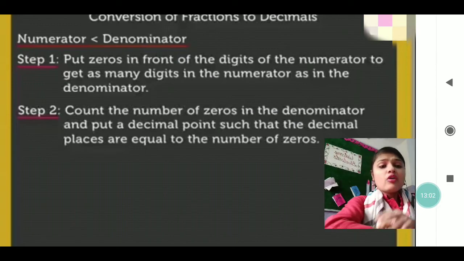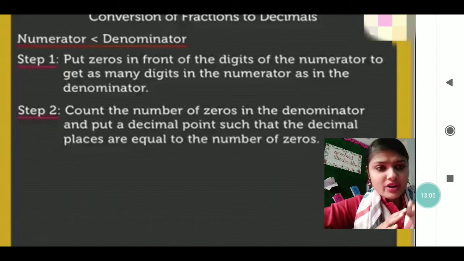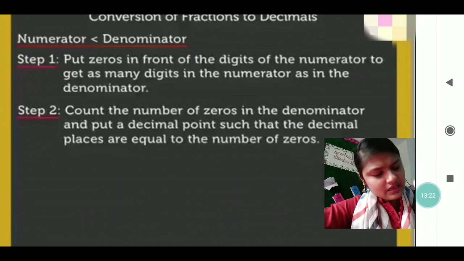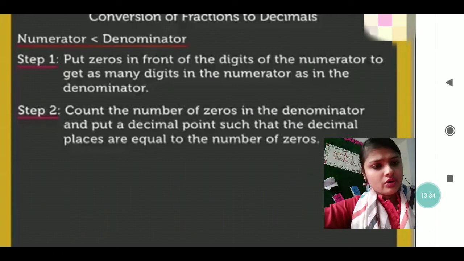Whatever the number of zeros present downside, according to that you put the decimal in the numerator, so that it can become equal.